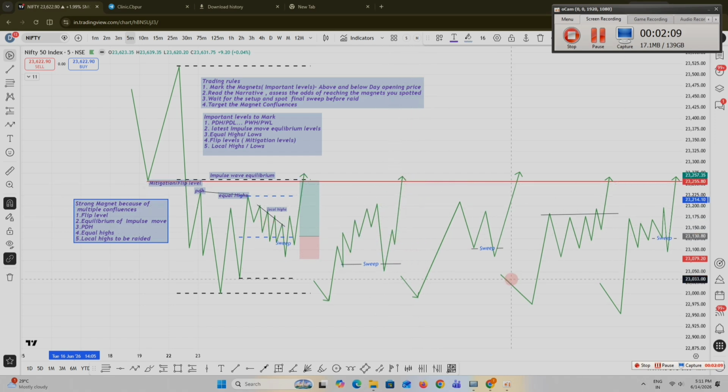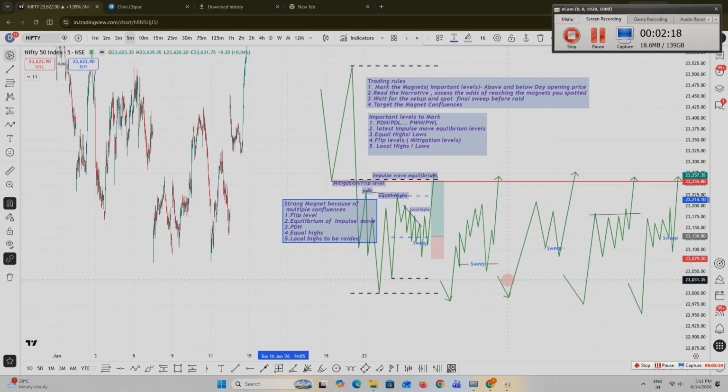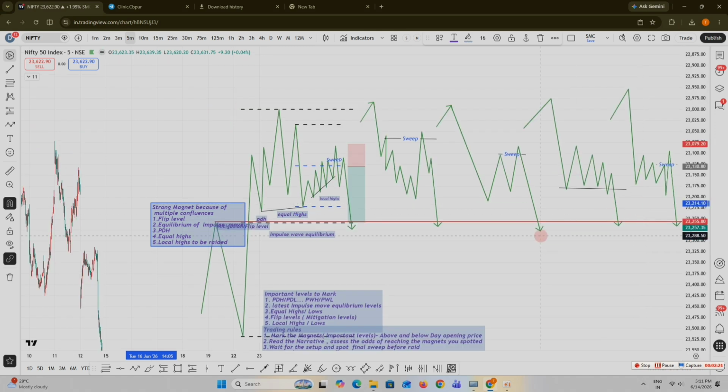These are the various structures, and there are some other structures. If I find them, I will post them in my videos. And similarly for sell setups, it moves in this fashion with two swings and pattern breakouts. But the best ones are when you see a sweep of opposite side liquidity before going towards the target. These are the best setups.